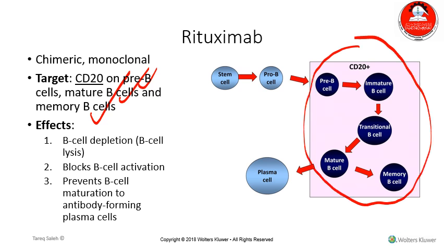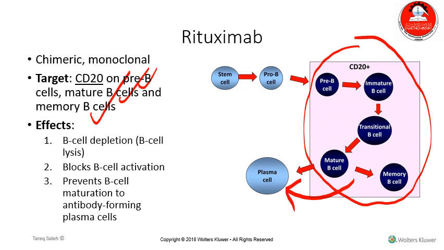Binding of rituximab to the CD20 receptor will result in killing of B cells or B cell lysis. It will definitely lower the numbers of B cells significantly. It will also interfere with B cell activation and prevent the maturation of B cells into antibody-producing plasma cells.